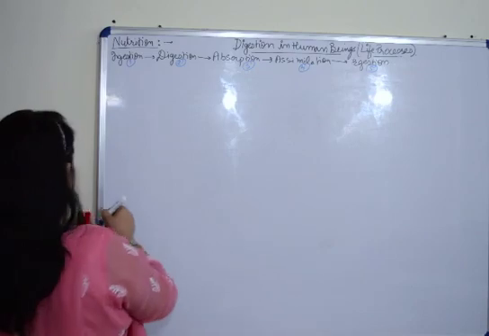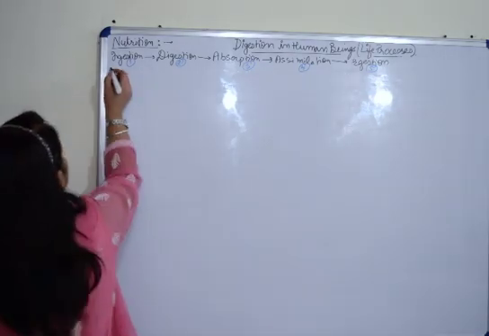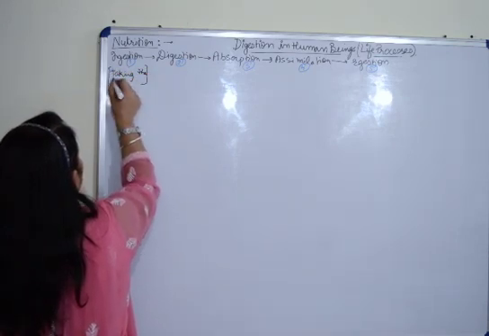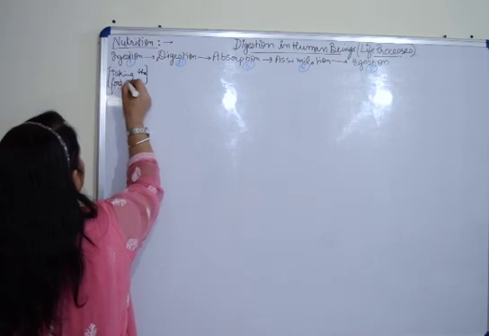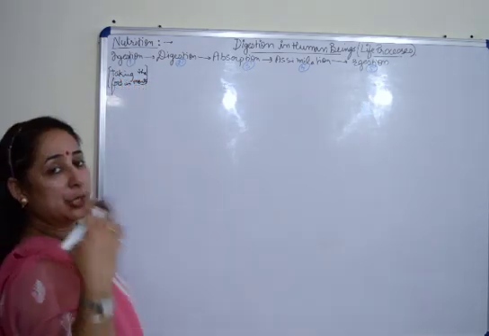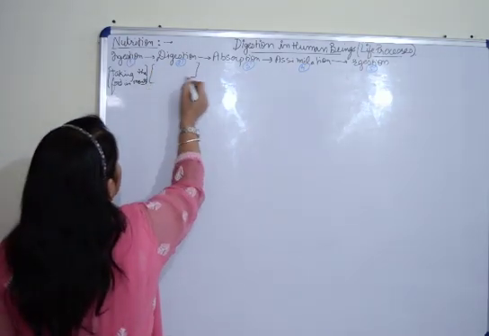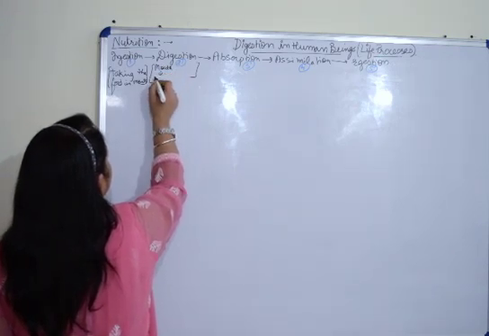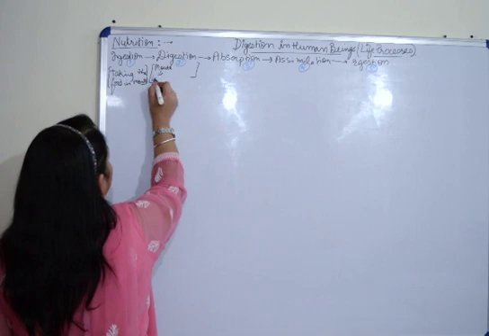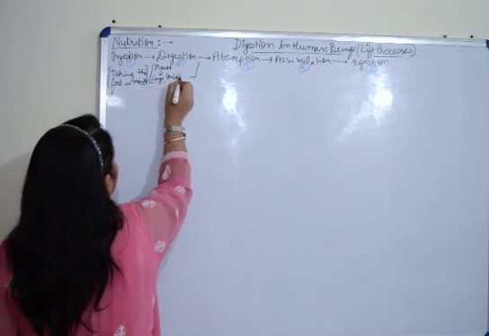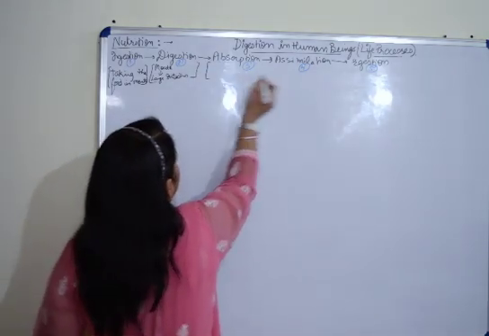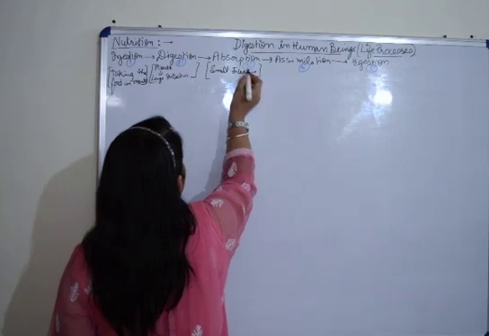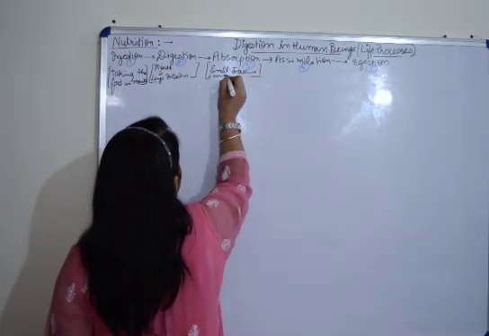Ingestion means taking the food inside. Taking the food in mouth. And then chewing starts. Digestion starts from mouth, that means chewing, and it ends in the intestine. Absorption takes place in small intestine, and for that matter, some of the water is also absorbed in the large intestine.